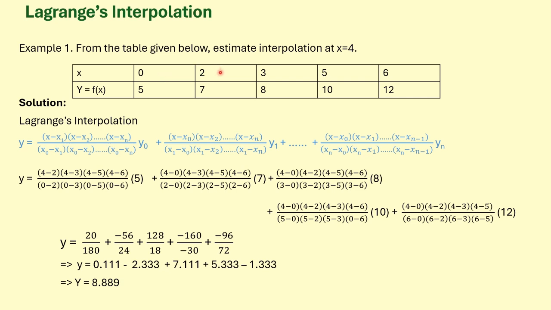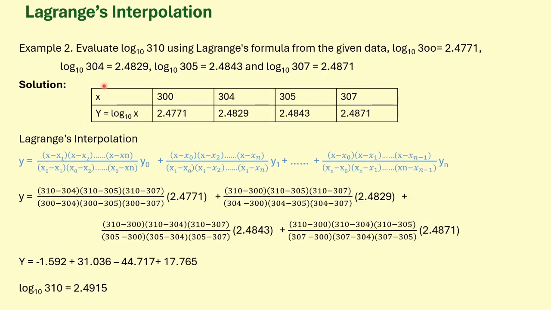The x naught value is 0. So 0 minus 2, 0 minus 3. The next term is 0 minus 5, 0 minus 6. Similarly, we will be substituting all the values here, and on simplification we'll get y is equal to 8.889.